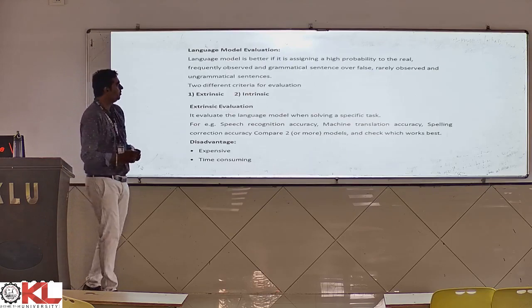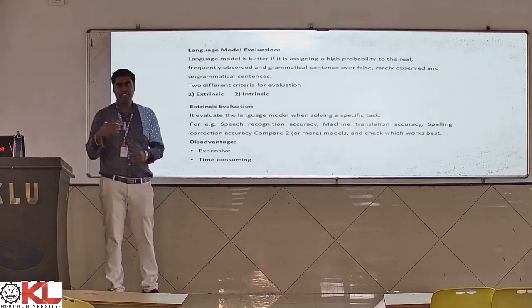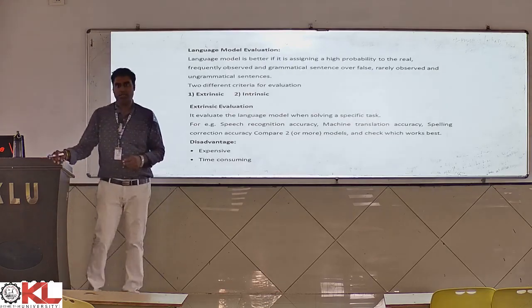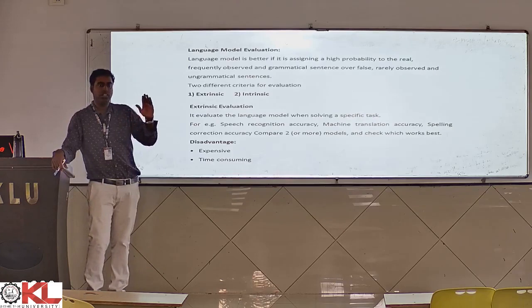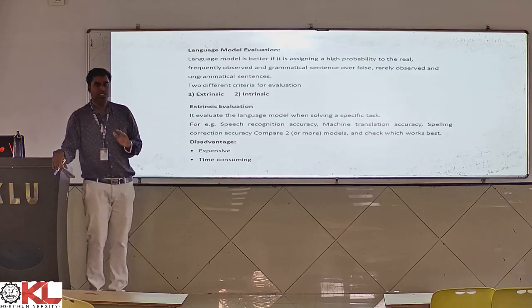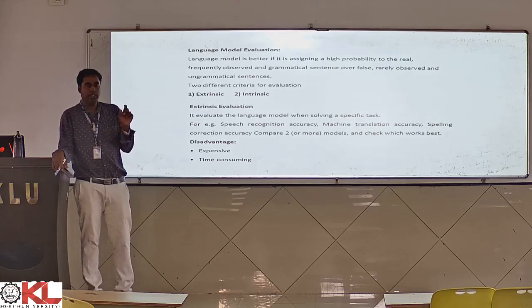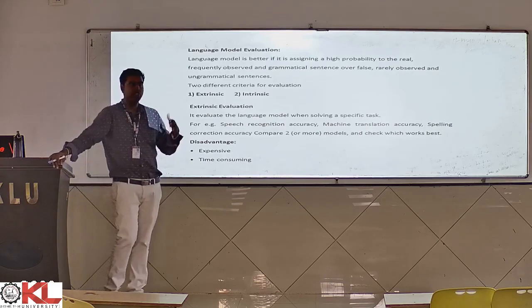Now we will see how we can evaluate a language model, whether it is performing perfectly or not. Till now we have discussed the concepts of language models, and how we can use them to predict the next word occurrence perfectly, using the bigram model, trigram model, and four-gram model.